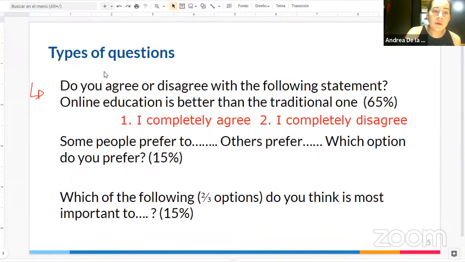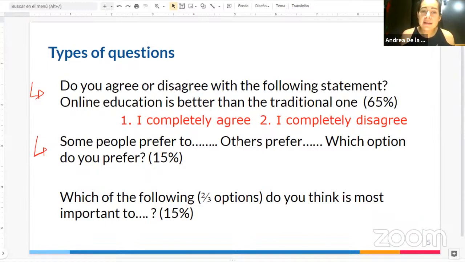Now, the second most common type of question is this. Some people prefer this, others prefer that. Which option do you prefer? If you think about it, it's exactly the same. You get two options, you have to choose one. For example, some students prefer to have online classes, and others prefer to learn in a traditional classroom. What do you prefer? Right?